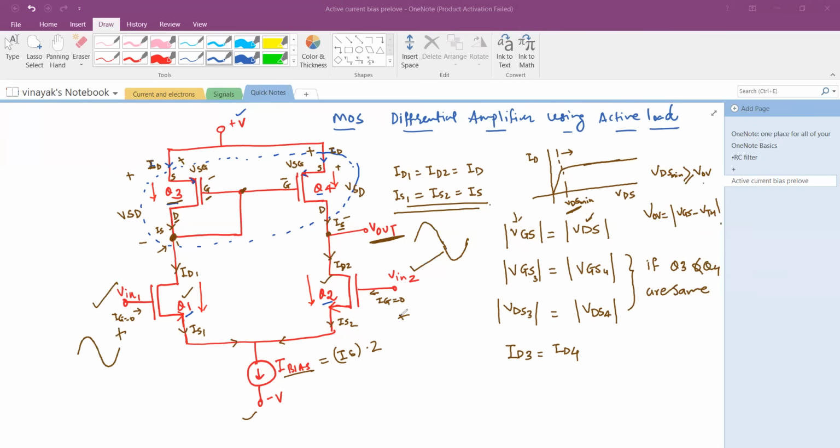If you have the negative going output here and then the positive going, the output is like here. So this is also a differential input and single-ended output.